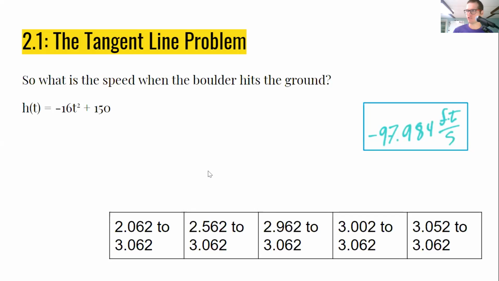Now I have an equation and I have a time, which was 3.062. The question is, how did I get that? Well, that's you getting the derivative, the slope function, and using it to determine the slope of the tangent line at that spot. And the slope of that tangent line is the instantaneous rate of change, which allows me to determine the instantaneous velocity.